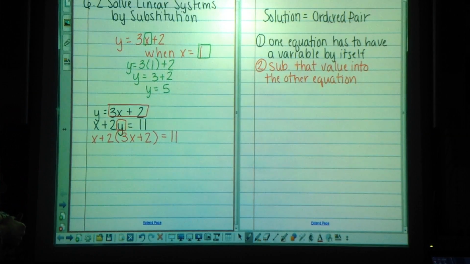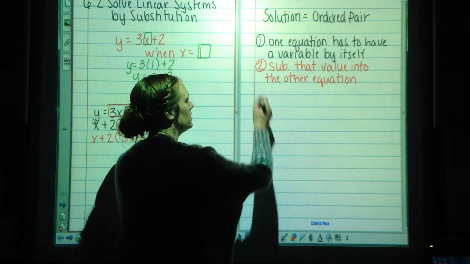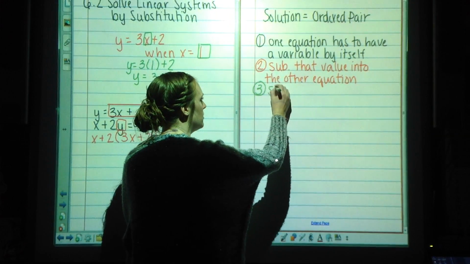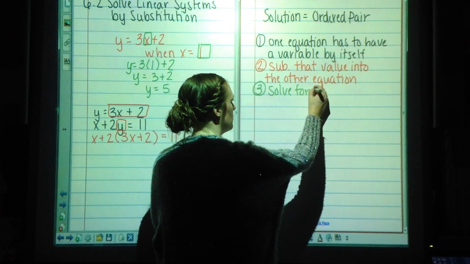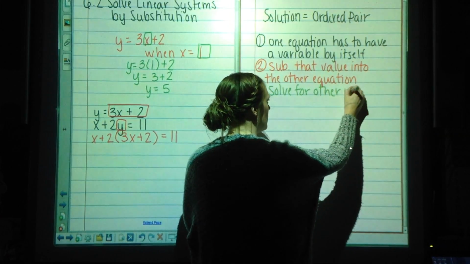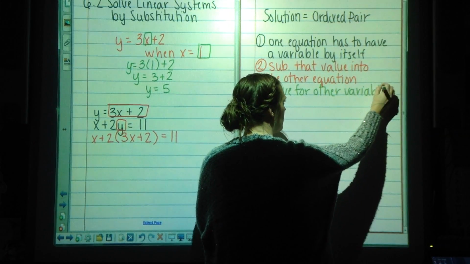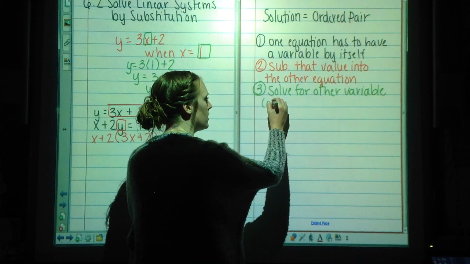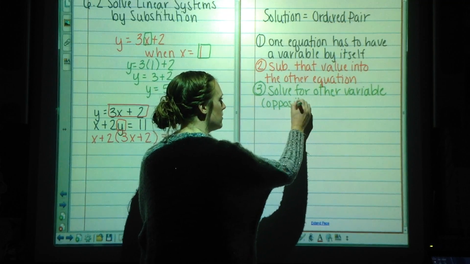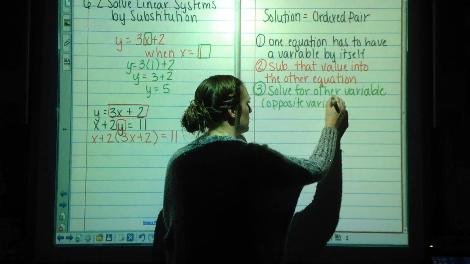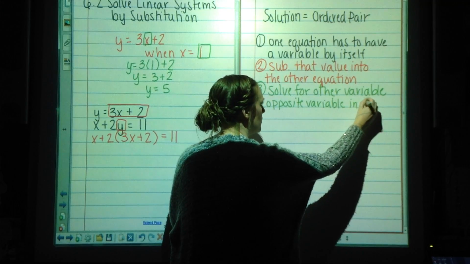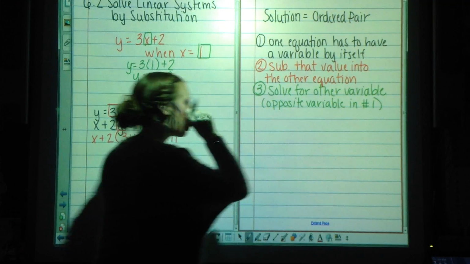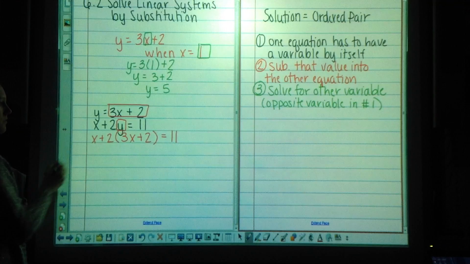Your next step is going to be to solve for, in this example, x, but solve for the other variable. So the opposite variable in number 1. Okay, so I'm going to solve for x here.